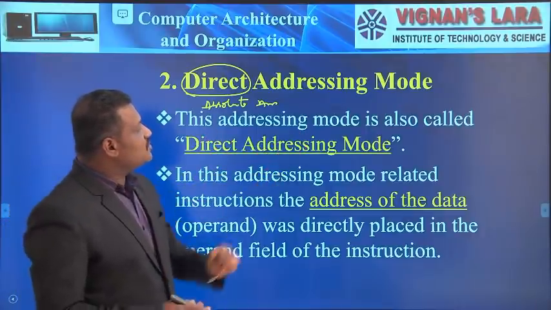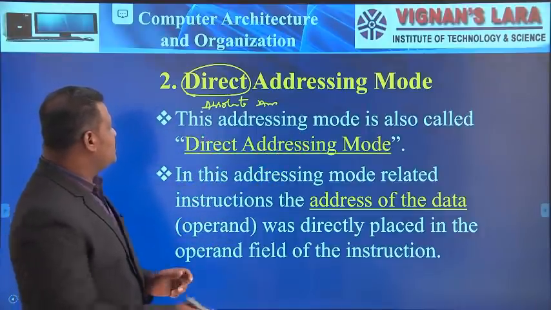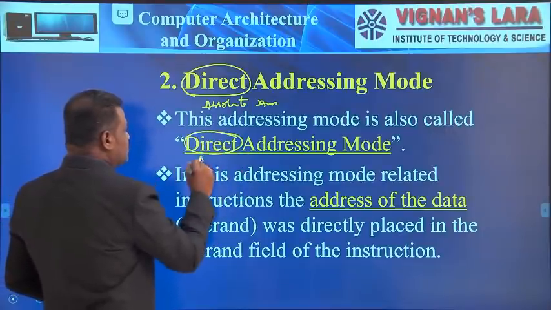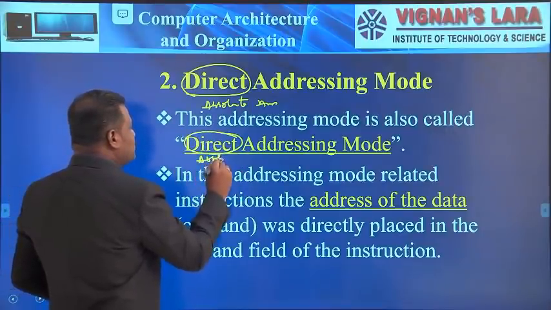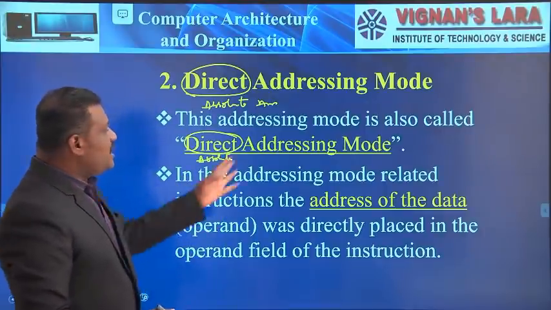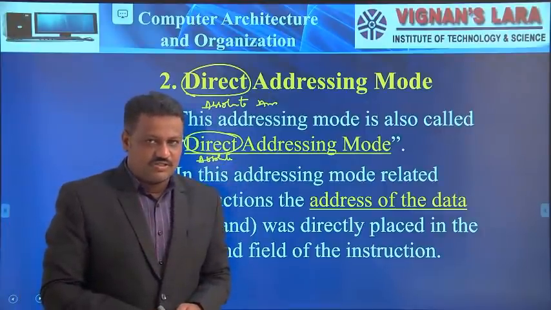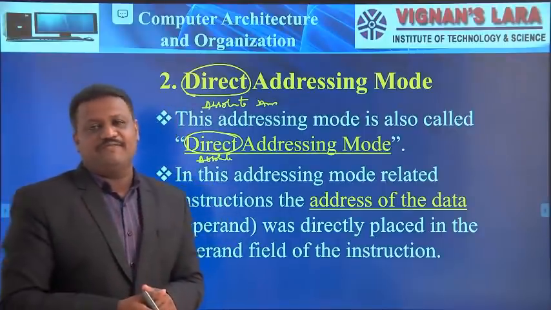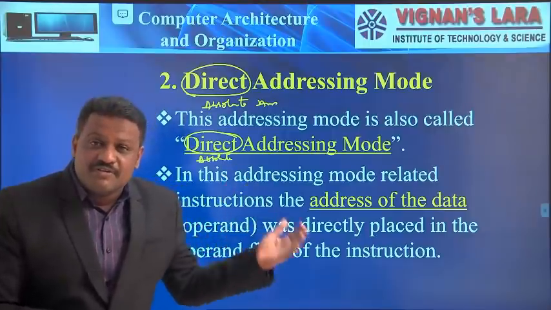This addressing mode is also called absolute addressing mode. Right, fine. So in this addressing mode related instructions, the address of the data is represented in the instruction operand field. What happens in the previous case?